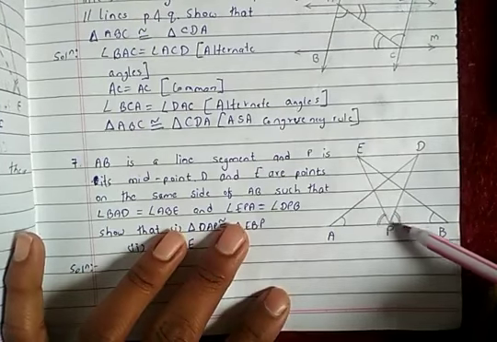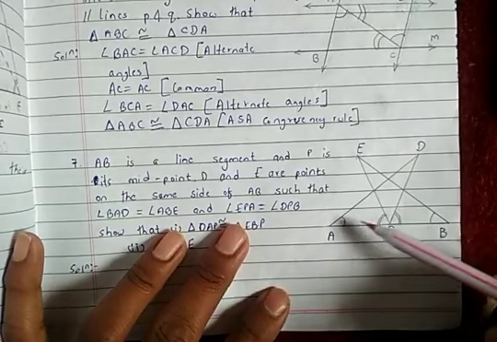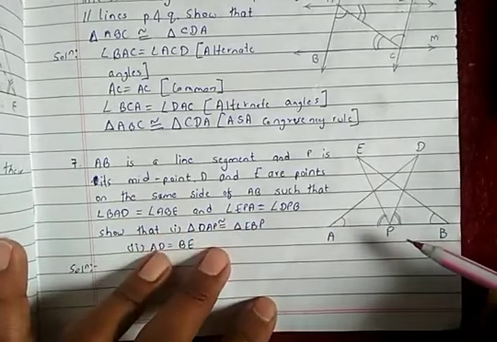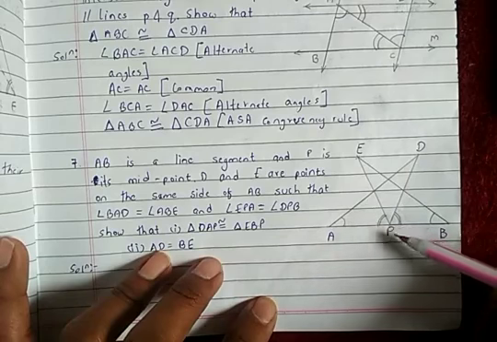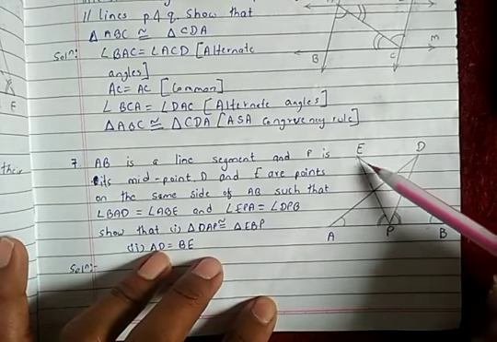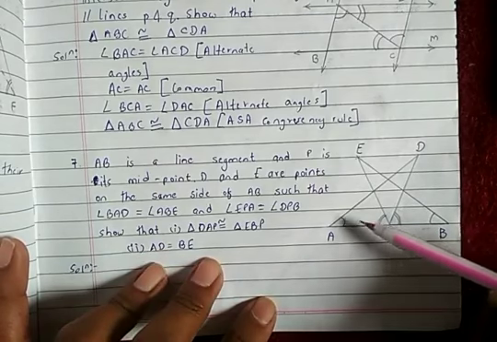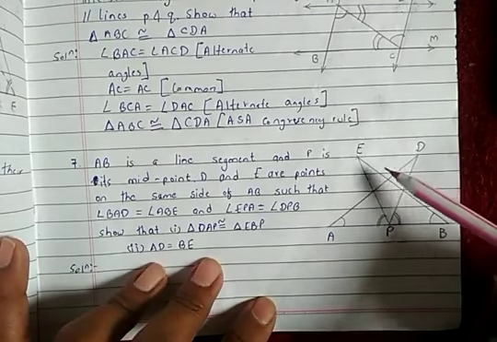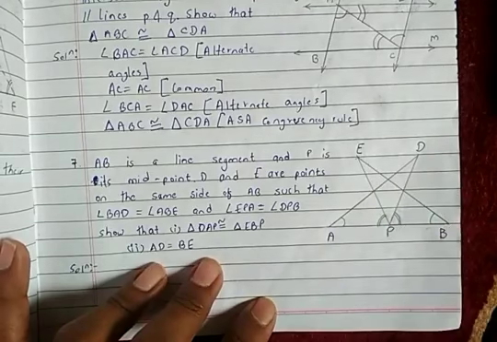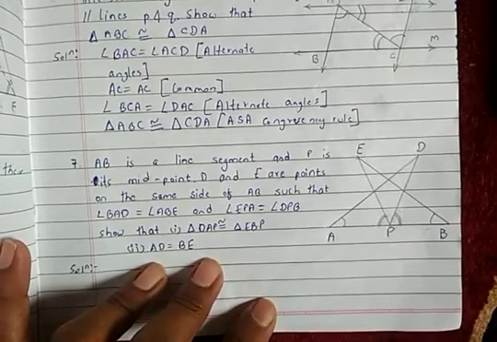These two angles are equal to each other and these two angles are equal to each other. We have to show that DAP is congruent to EBP, and we have to show that AD is equal to EB, right? How will we start?